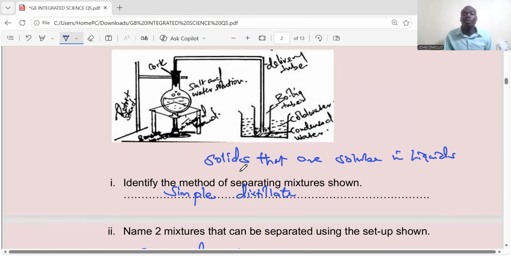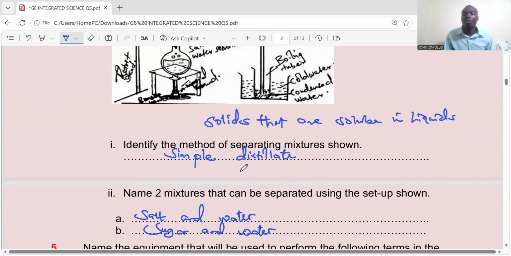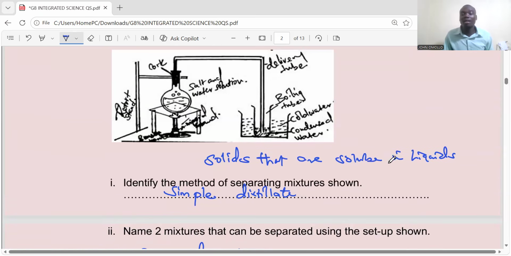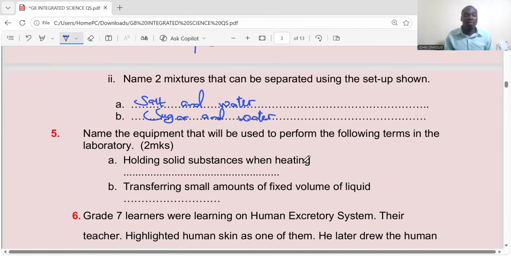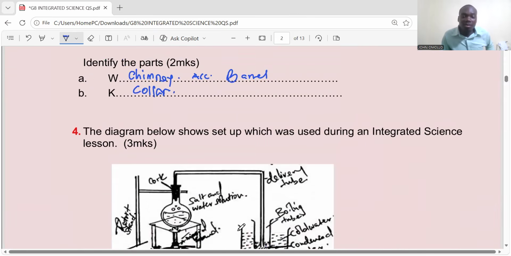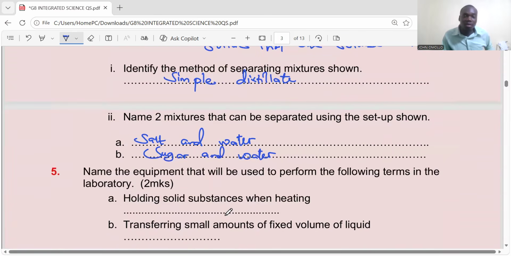When we pour sugar or salt in water, all of them are going to disappear in that water, which means that it has dissolved. So those are two examples of mixtures that can be separated using the setup above. And remember, as a learner, you were already given a salt and water solution. That is a mixture.